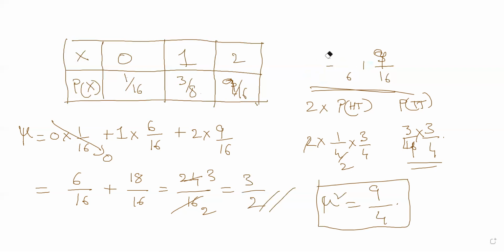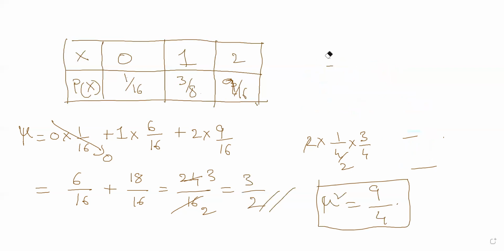Now what I do is sigma square. How do we do sigma square?